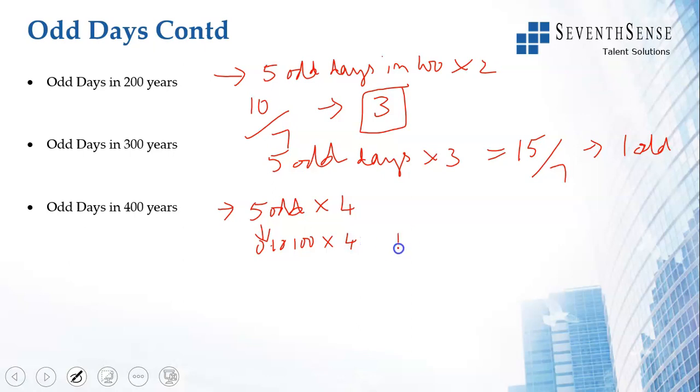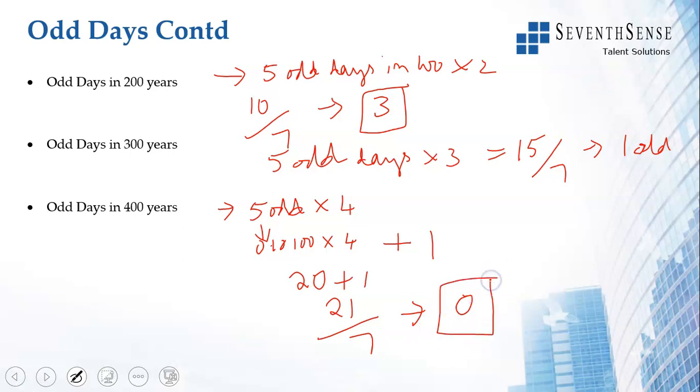But the 400th year is also leap, because 400 by 400 gives no remainder. So you add 1. So 5 odd days into 4 becomes 20, plus 1 becomes 21. 21 by 7 leaves no remainder. So 400 years have 0 odd days.